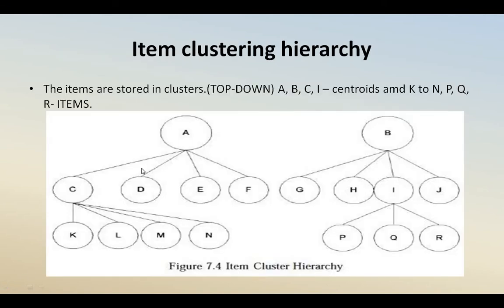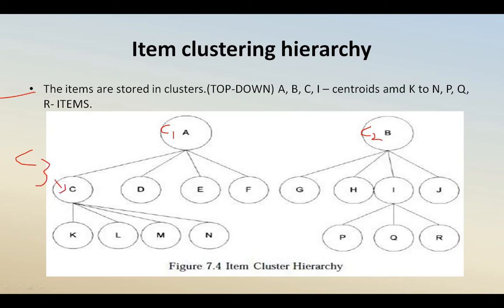Whenever the items are stored in the form of a hierarchy like that, we have to identify the centroids from this hierarchy. A and B are the roots; once again I will mark here. A is centroid 1 and B is centroid 2, and C is regarded as centroid 3.